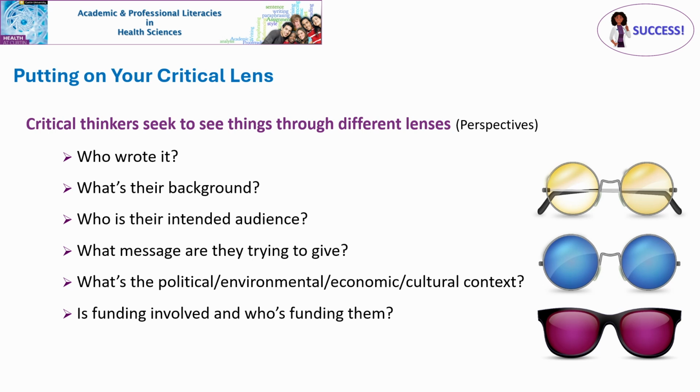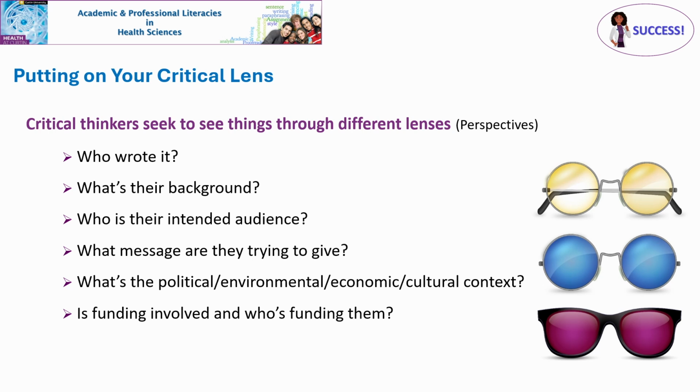And the information that we need, for example, and we've discussed this already, who wrote it? Who wrote this article? What's their background? Their academic background, professional background, even in some cases political background. Who are they writing this article for? Who's the intended audience?